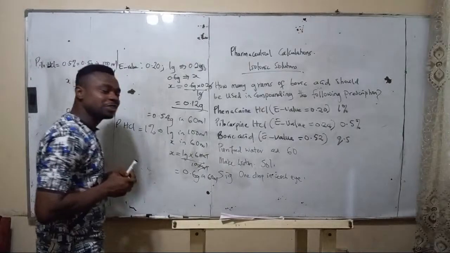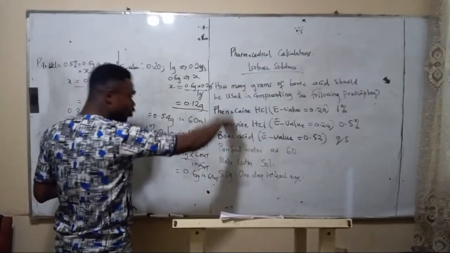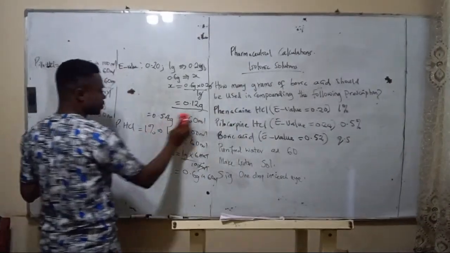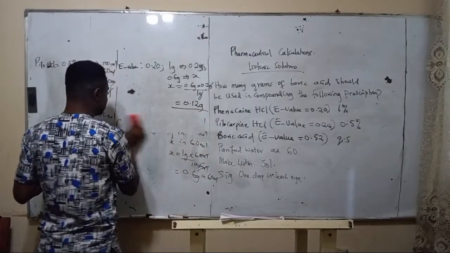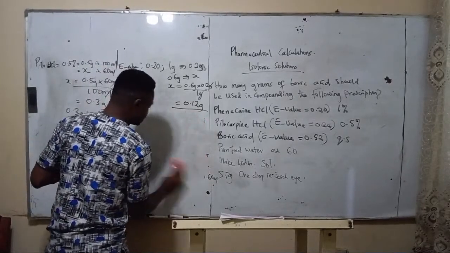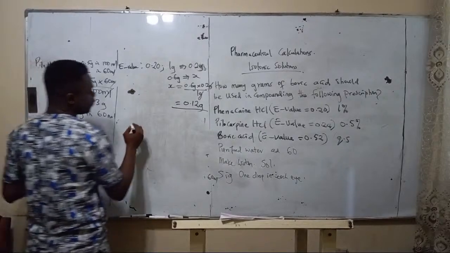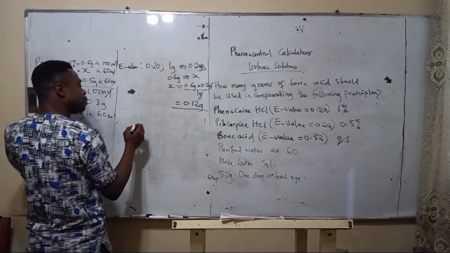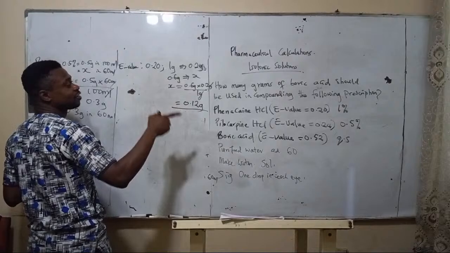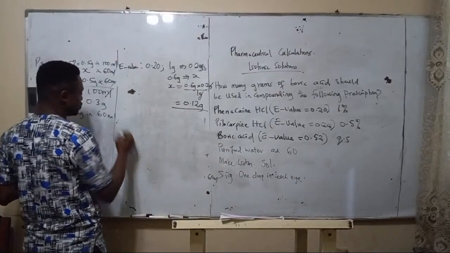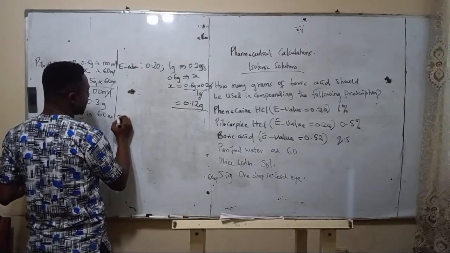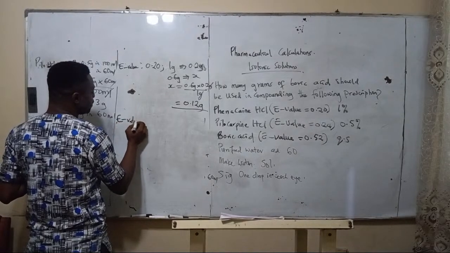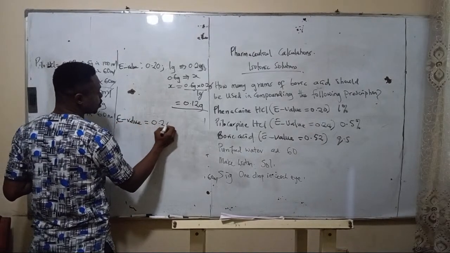Let's calculate the amount of sodium chloride represented by pilocarpine. Remember that the sodium chloride equivalent of pilocarpine hydrochloride, the E value, is 0.24.